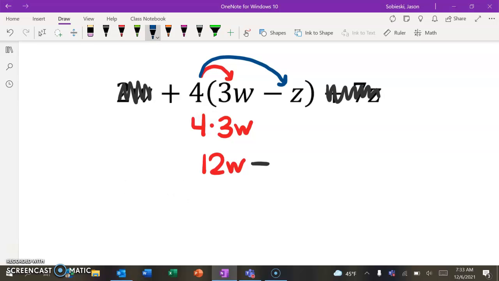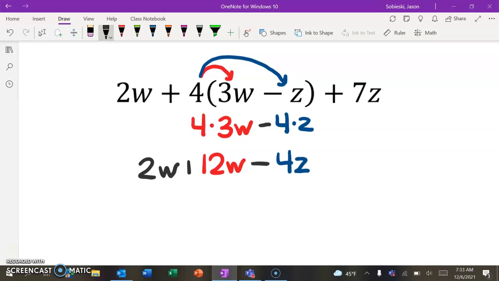We're just going to do 4 times z, which will just give us 4z. And we've now taken care of the distributive property. So we can erase the stuff that we crossed out, rewrite it down at the bottom. So 2w plus, and then plus 7z. The only reason we haven't touched that yet until now is because that wasn't part of the distributive property.